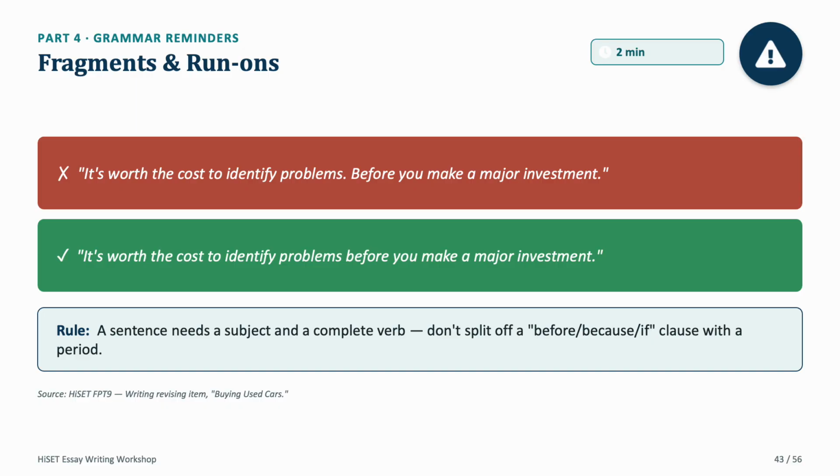It's worth the cost to identify problems before you make a major investment. One whole sentence. When you revise your essay, watch for sentences beginning with words like before, because, although, if, when. Sometimes those clauses need to be connected to another sentence.